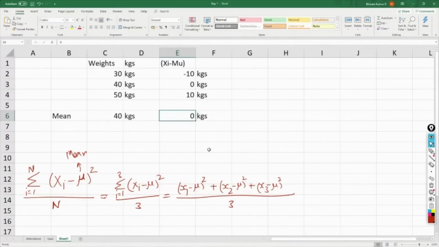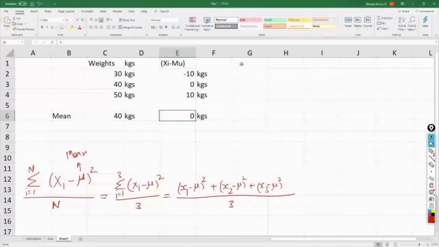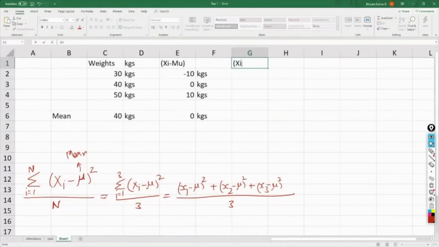And a brilliant person in the room says, let's do one thing. If we take (xi minus mu) whole square, then this problem gets fixed. Wonderful. So statisticians and mathematicians started squaring. And then your units also get squared.